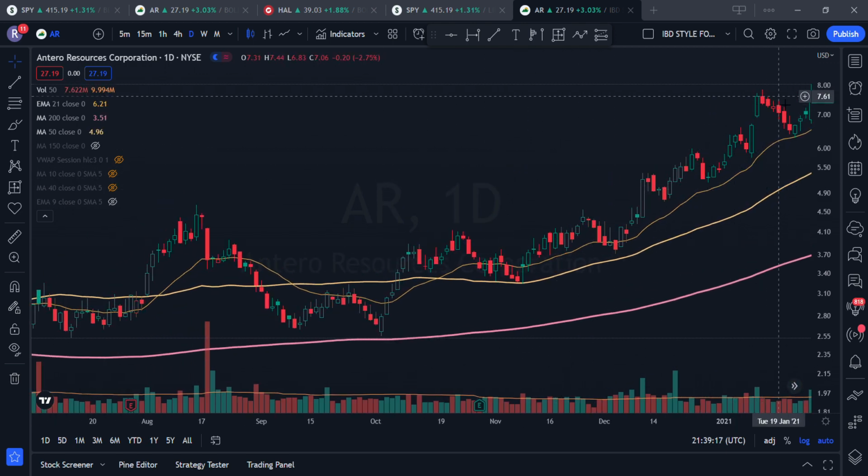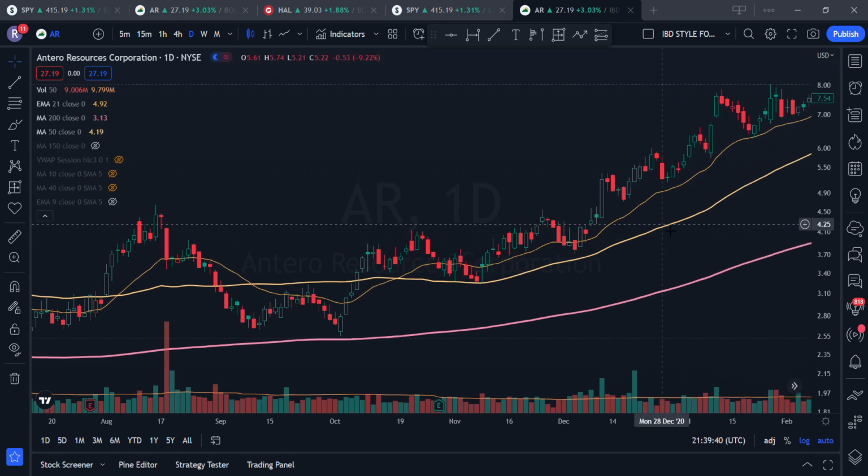So it comes down and stops right at the 21 EMA. This price action wasn't concerning because the volume never rose. The volume was quiet. If this was breaking down on bigger volume, similarly here, that would be a concern.